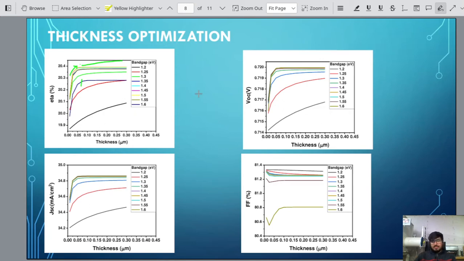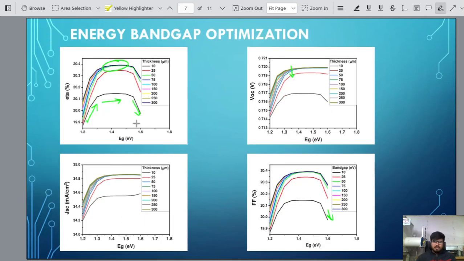Similar curves have been observed for VOC and JSC. So we can say that as we increase the thickness of the MoSe2 layer above 100 nanometers, there is little to no change in the efficiency or overall quality of the CIGS solar cells.